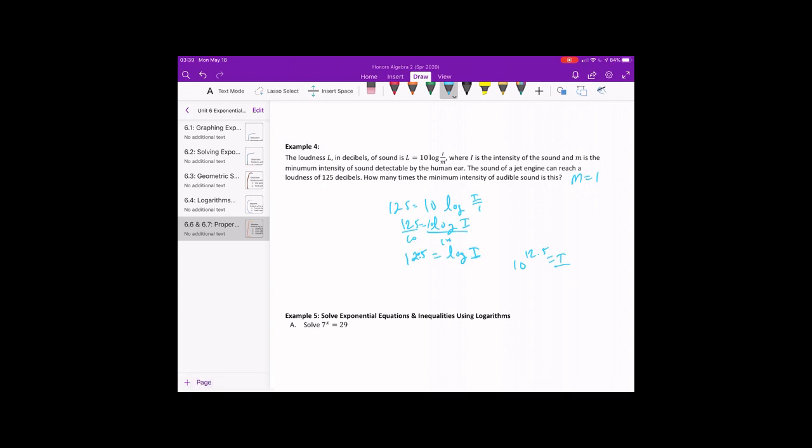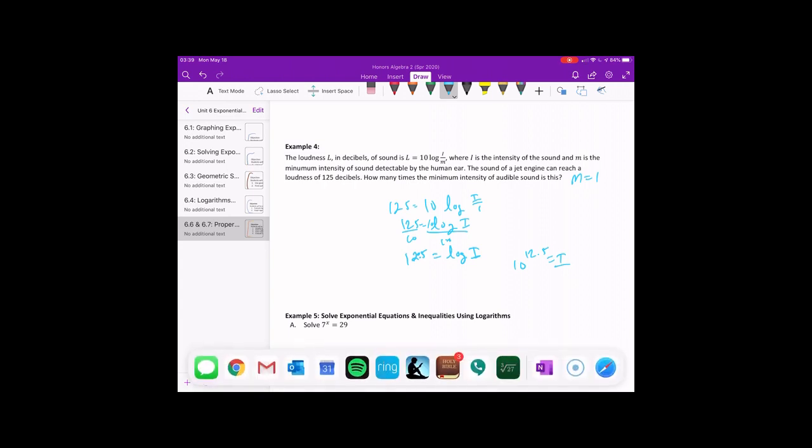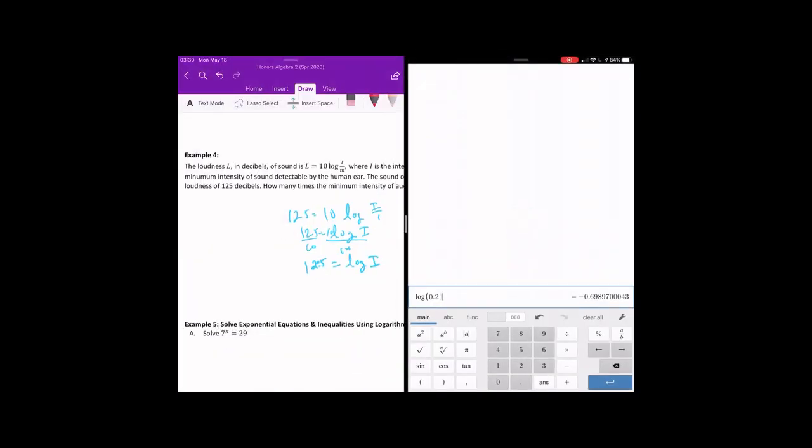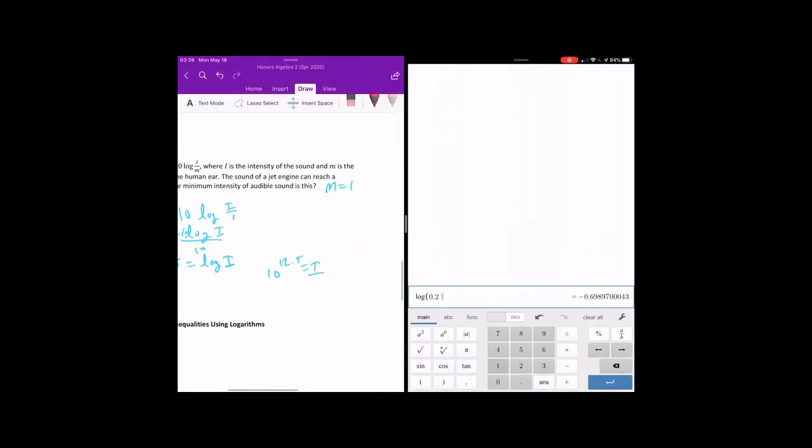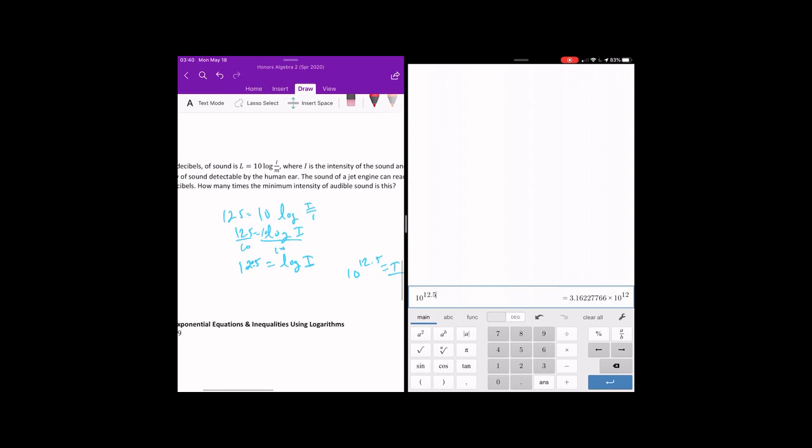And if we do our calculation there, we're going to get 10 to the power of 12.5 is 3.16 times 10 to the 12th. And so if we write this answer, 3.16 times 10 to the 12th.